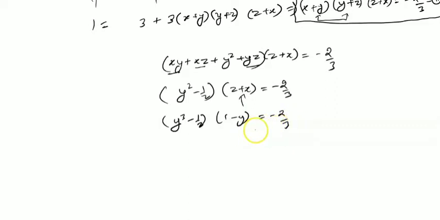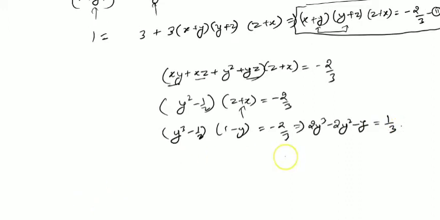When you solve this cubic equation, you will get 2y cubed minus 2y squared minus y equaling 1 by 3. And honestly, at this point, we have gotten the answer to what x, y, and z are. x, y, and z are actually the zeros of this cubic equation.